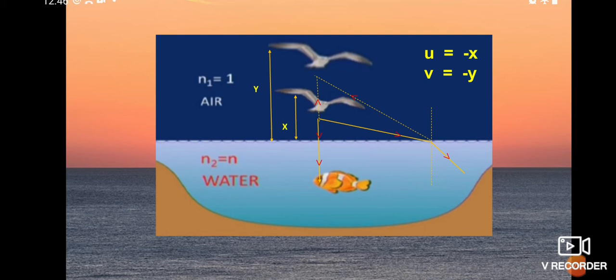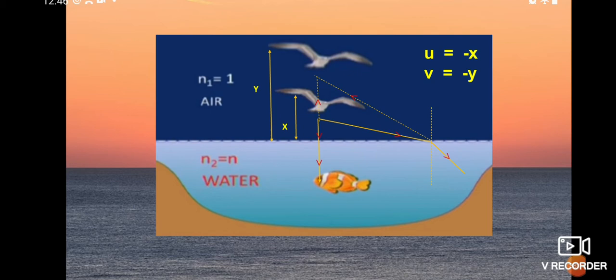When the bird is in the actual position, as given in the textbook also, the light ray travels on the surface of the water and reaches the fish. At that time the refracted ray is not going to deviate.